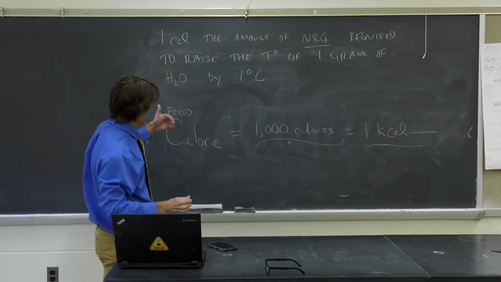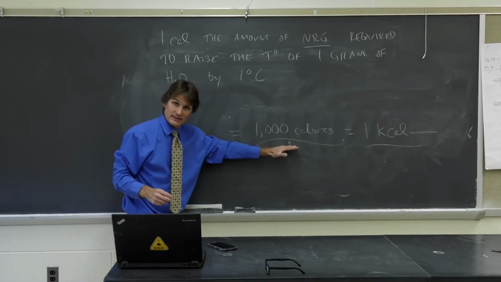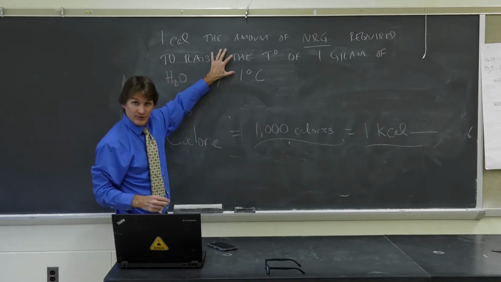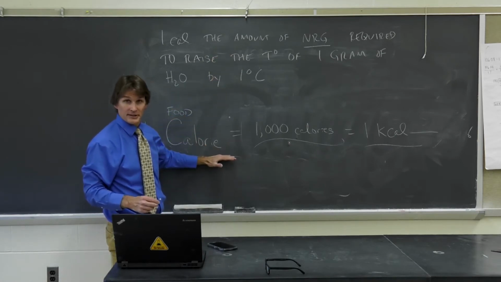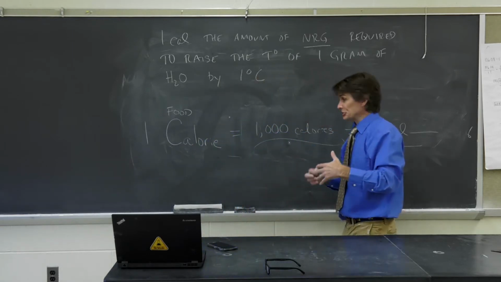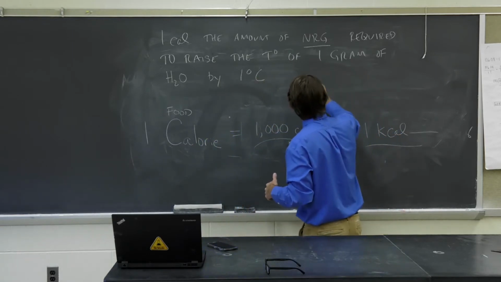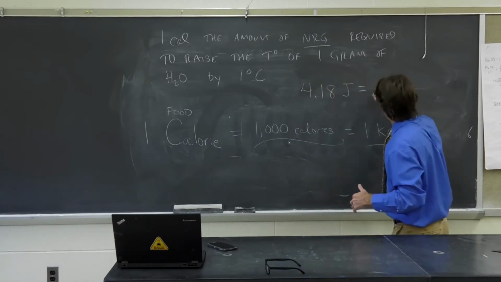And we need to recognize that it takes 1,000 of these little c calories that are defined like this to equal 1 food calorie that you're used to. And there's also a second relationship that I want you to know. 4.18 joules is going to be equal to 1 calorie.